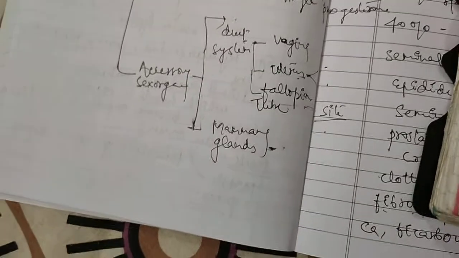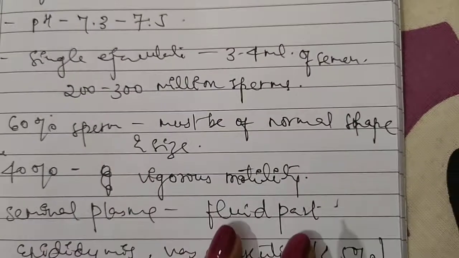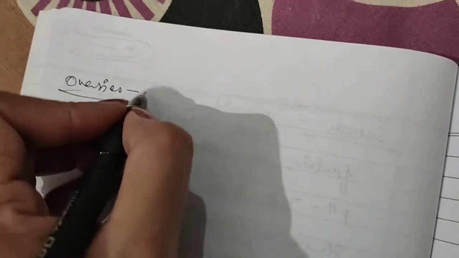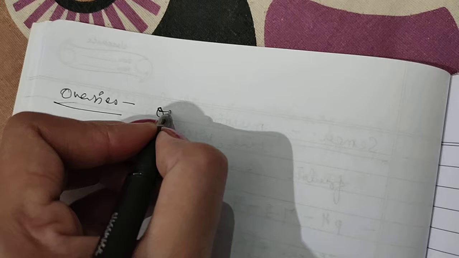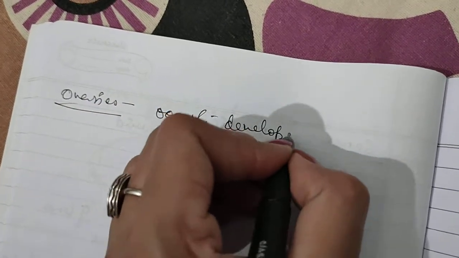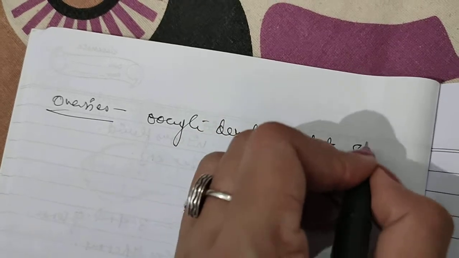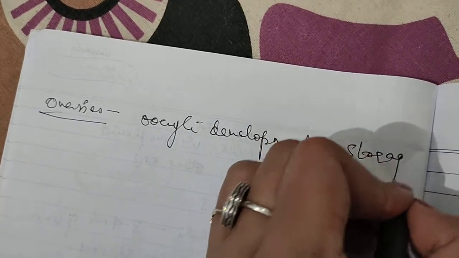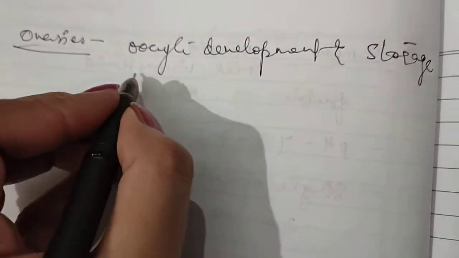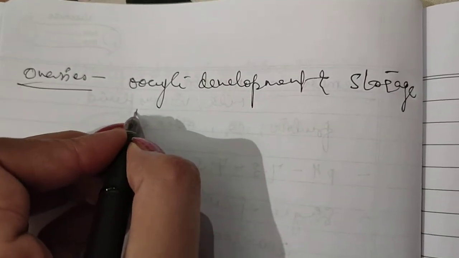So if we see one by one, ovaries are the site of development and storage of oocyte. Oocyte development and its storage occur here.